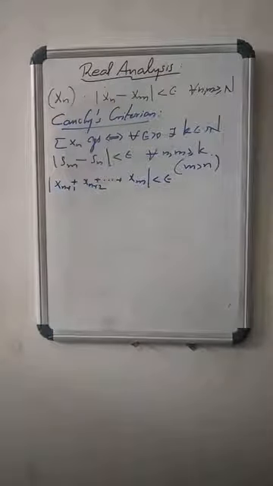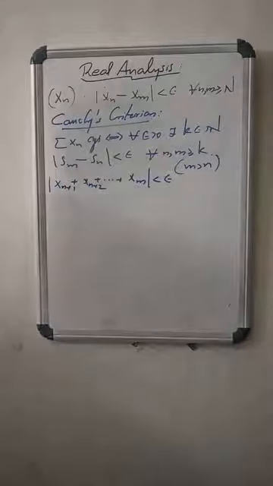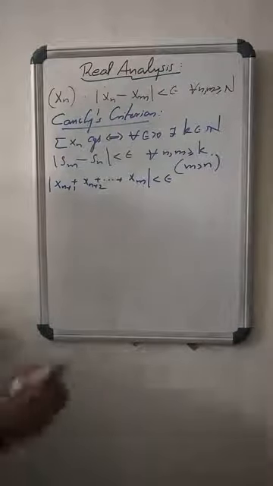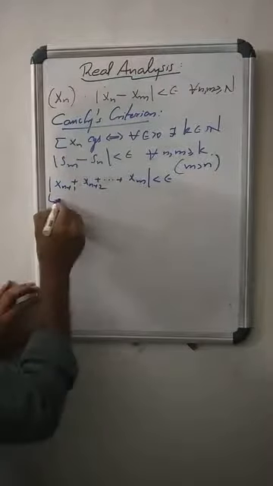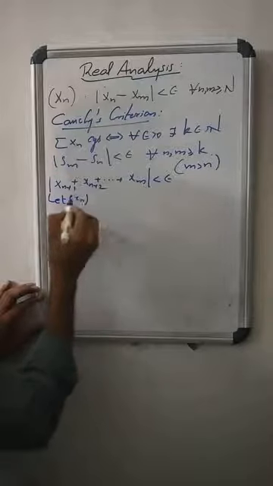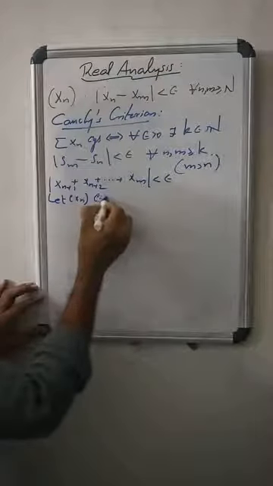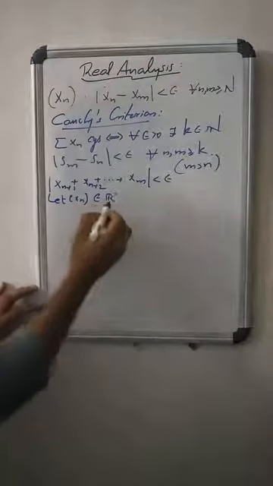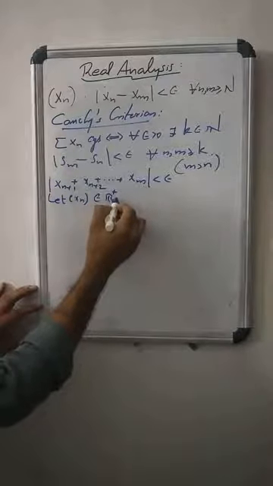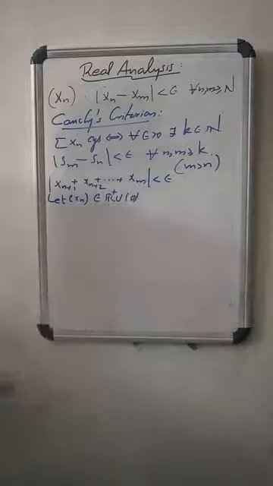Now, come to a result. Let xn be a sequence of non-negative real numbers, that is, R plus union 0.